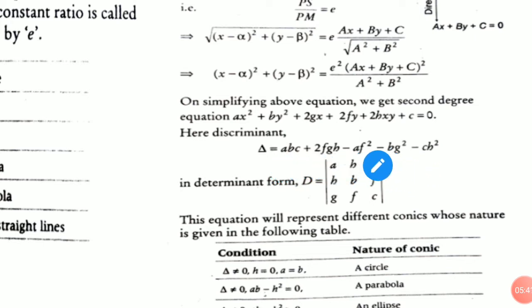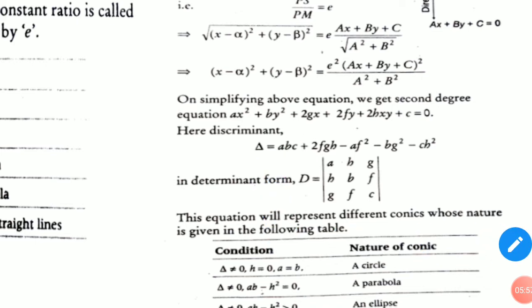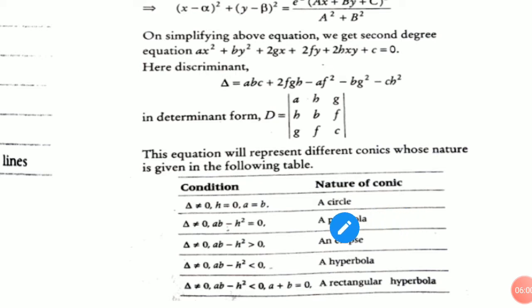When you calculate this determinant, it tells which shape this second degree equation represents. So it depends on the value of the discriminant. Here a chart is given, so you can determine which shape the equation has. If the determinant delta is not equal to 0, where h is 0 and a is equal to b, this equation becomes a circle. This is the condition for a circle.